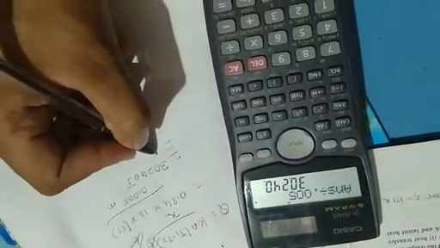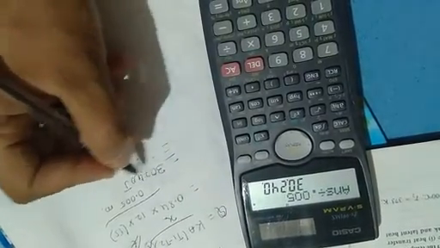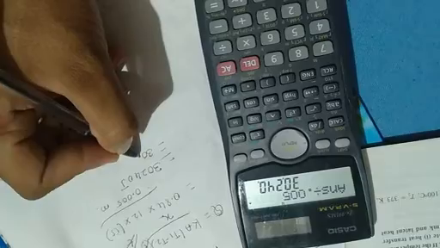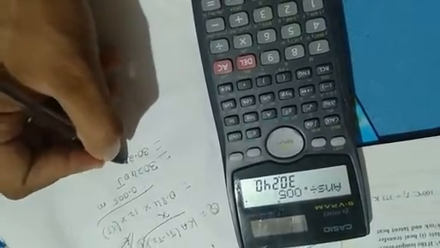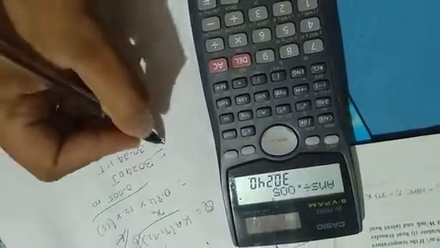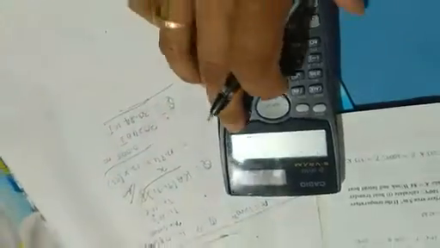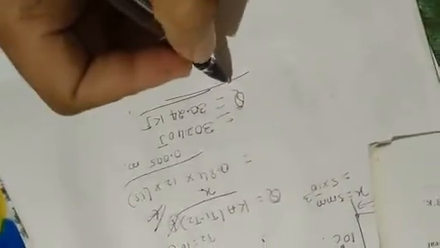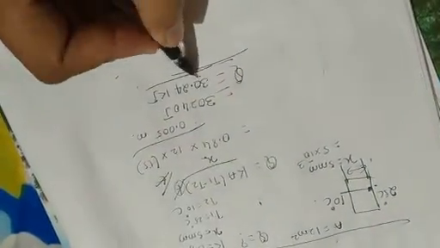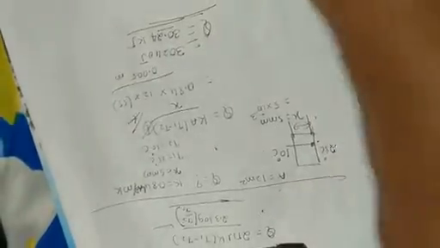If you want to convert it into kilojoules, the decimal will move like this, 30.24 kilojoules. This means the heat will transfer from this place to this place: 30.24 kilojoules. So this is a simple problem.